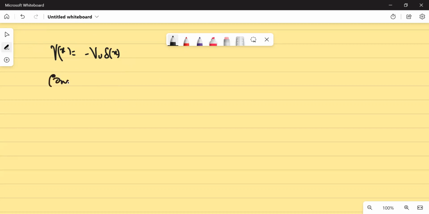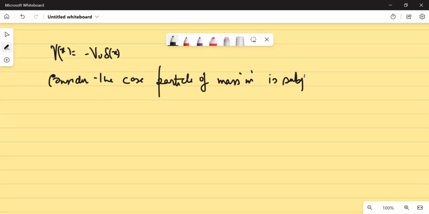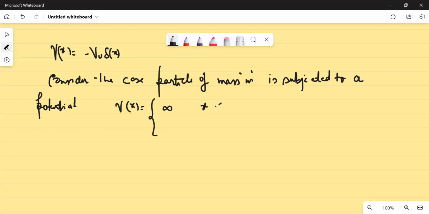So for example, let us consider the case where a particle of mass m is subjected to a potential of the form, if I say this.